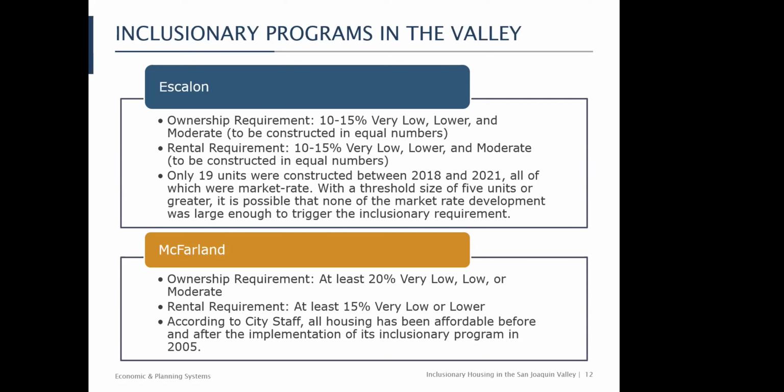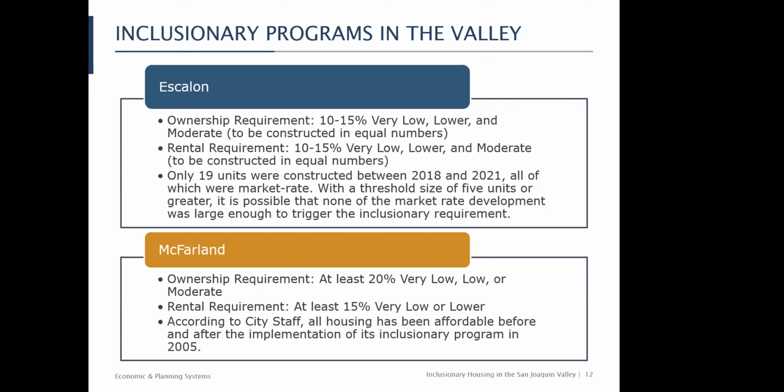In McFarland, the program also applies to ownership and rental. I'm making that distinction because inclusionary programs often vary depending on whether the new development is rental or ownership, since the development economics of these different types of residential product vary significantly.